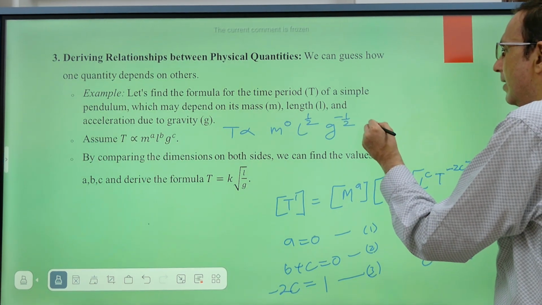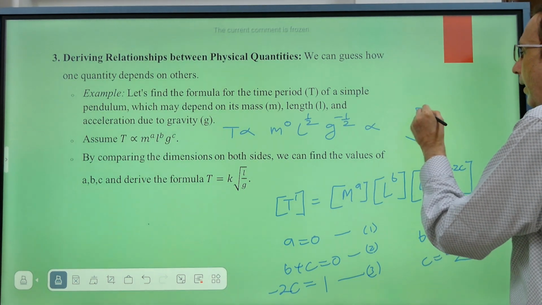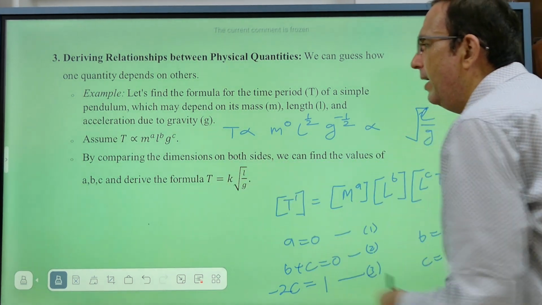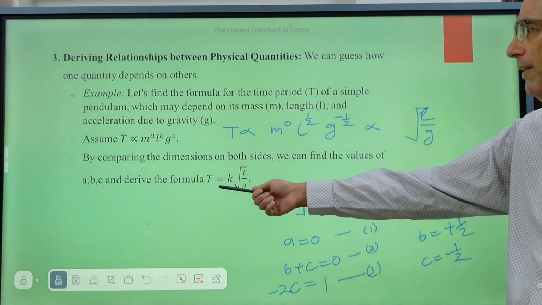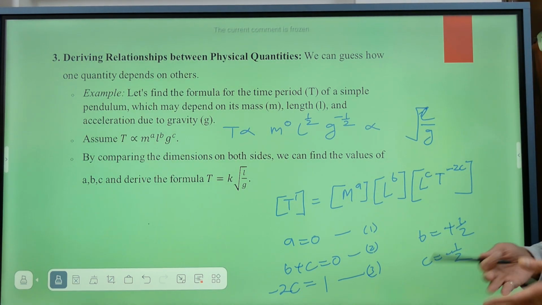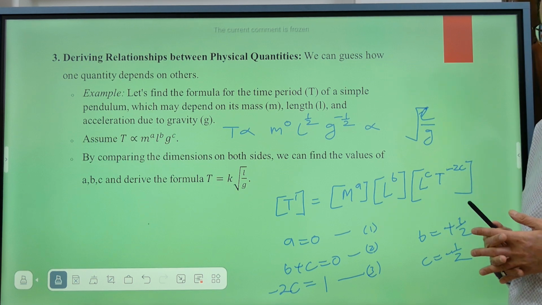Which gives us that it is proportional to under root of L by g. So finally you get the formula for T, which is some constant times under root of L by g. So this is how you can actually guess the relationship.